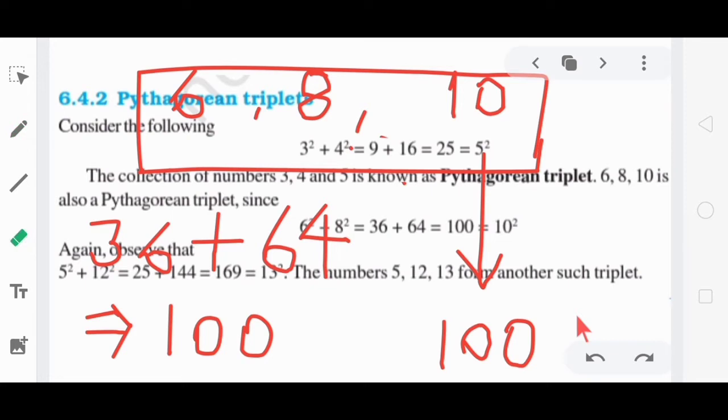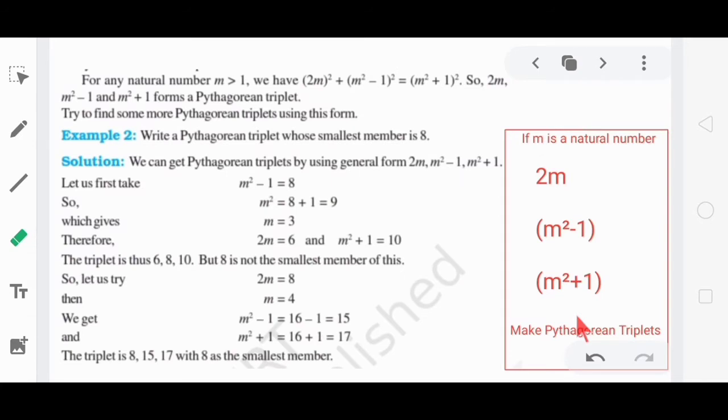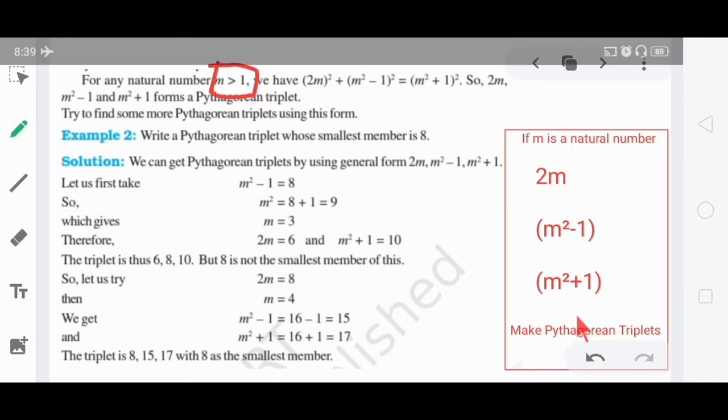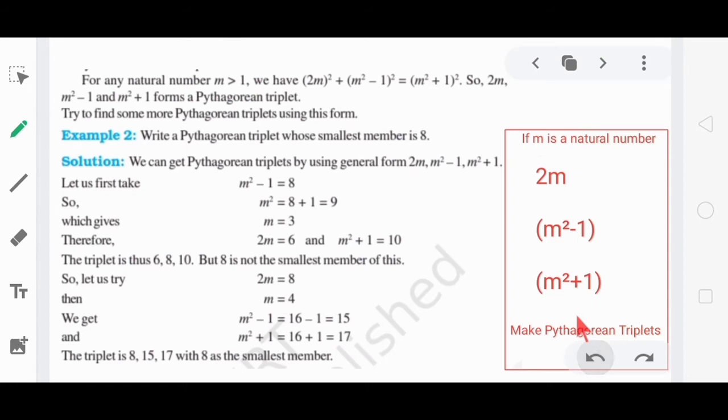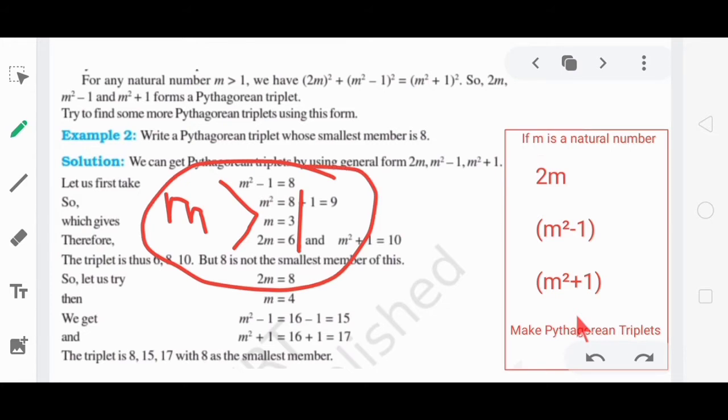So students, we are given a formula to find the Pythagorean triplet. What is that? If we have a natural number represented by m, which is greater than 1, take m greater than 1 and m is a natural number.